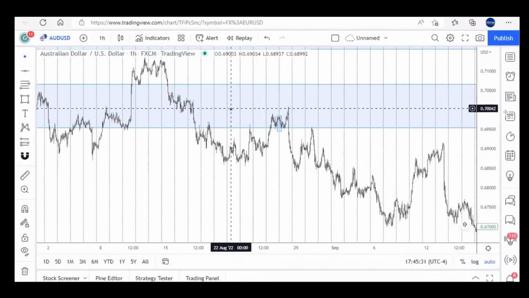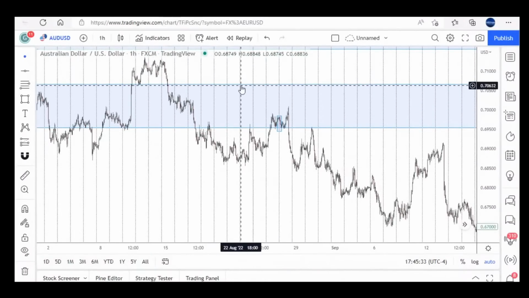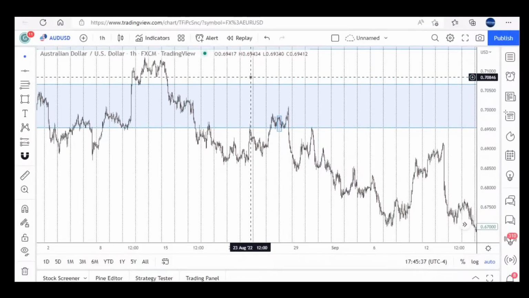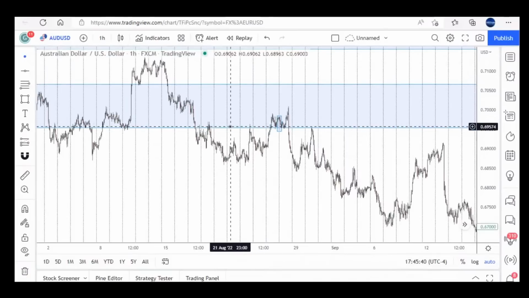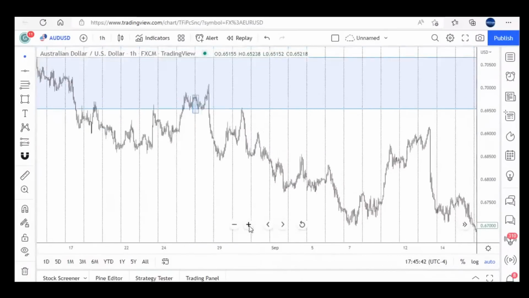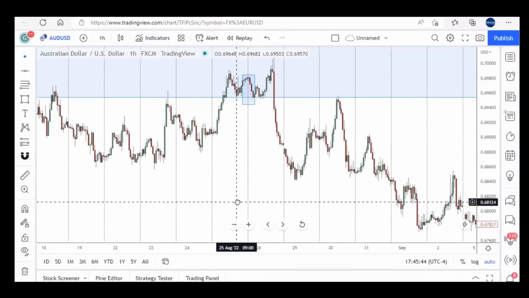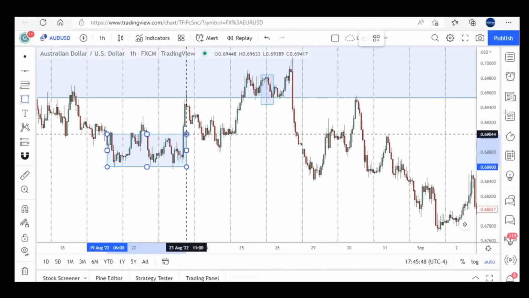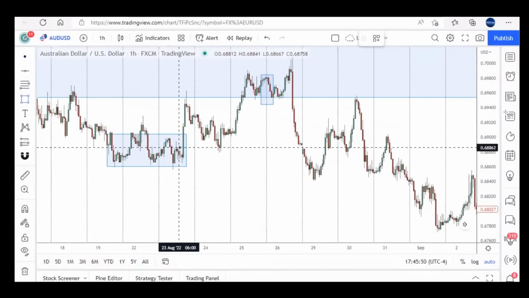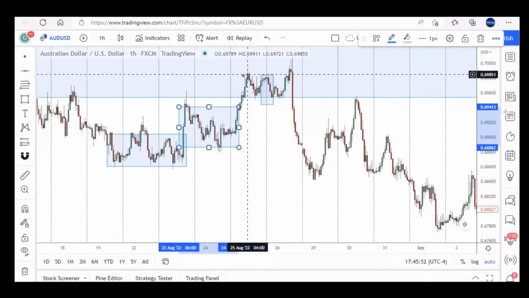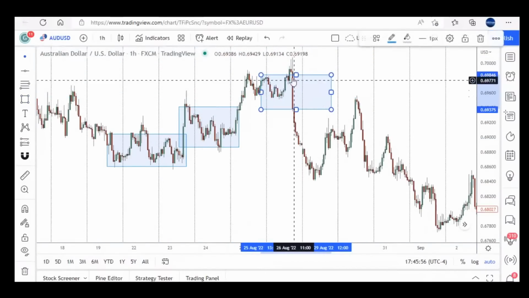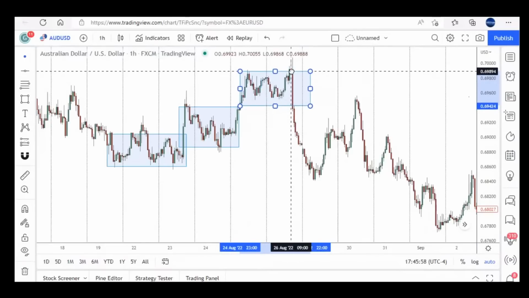Remember this blue zone right here was a higher time frame monthly bearish breaker. That's why the zone's kind of wide, because it's arrived at on a monthly time frame. So your market maker sell model is here. Your smart money reversal is up here.